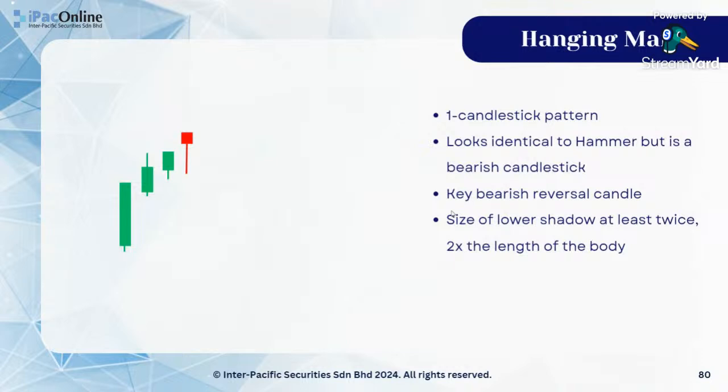Next we have the hanging man. It looks pretty much the same as a hammer, but the difference is it is red in color, meaning it closed below the opening price, and it is significant if it comes after a string of green candles.